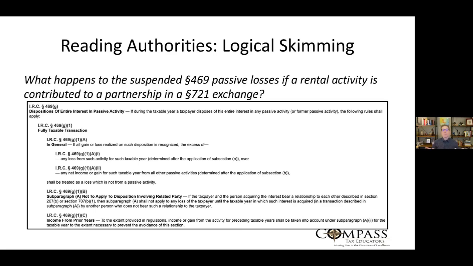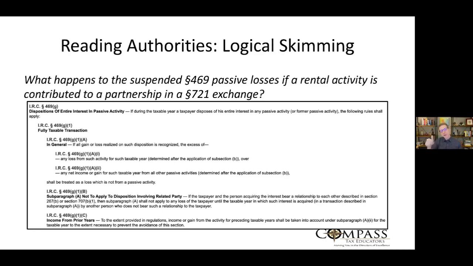Well, let's say we wanted to know what happens if I contribute a rental activity in a tax-deferred exchange to a partnership. How would I approach that by looking at the code itself? If I do logical skimming, and I get to subsection G, it talks about disposition of entire interest in a passive activity. Oh, I may want to take a look at that.